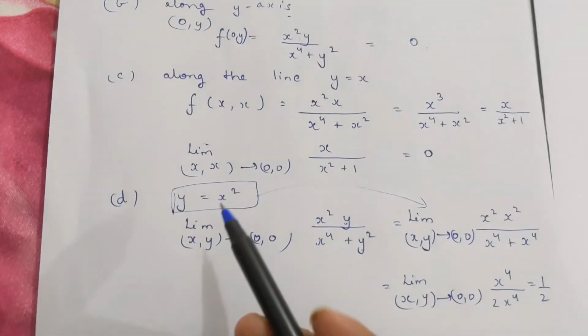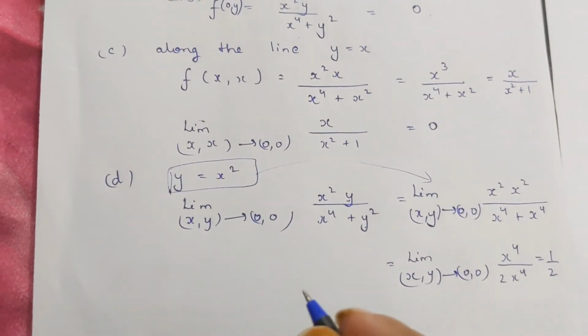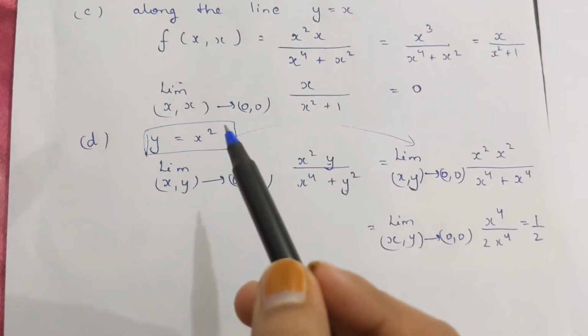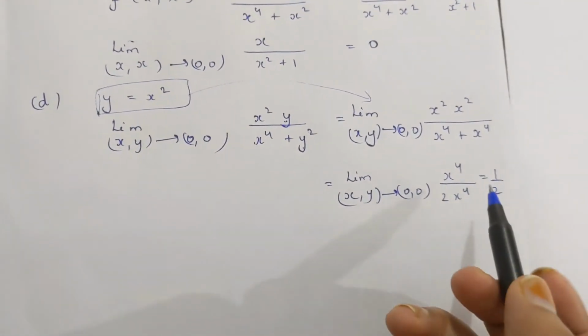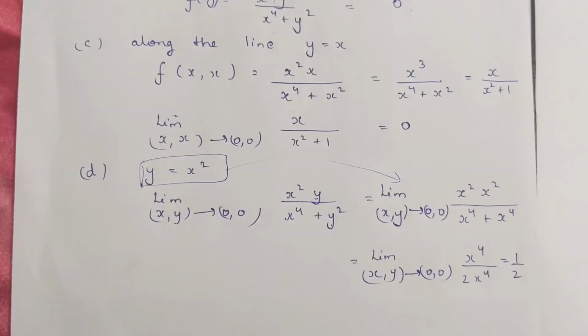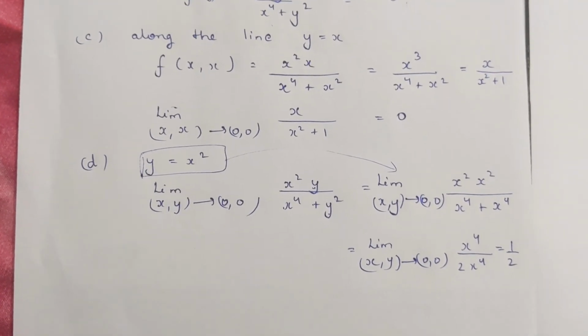We also need to consider the parabola, because that's the game changer. So in this example, we can conclude that the limit doesn't exist.